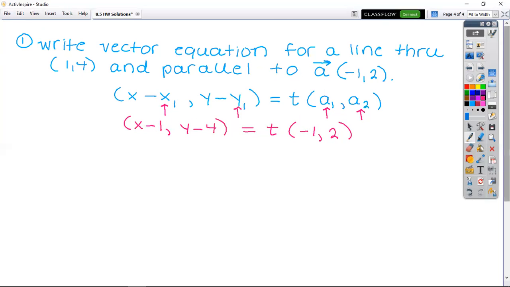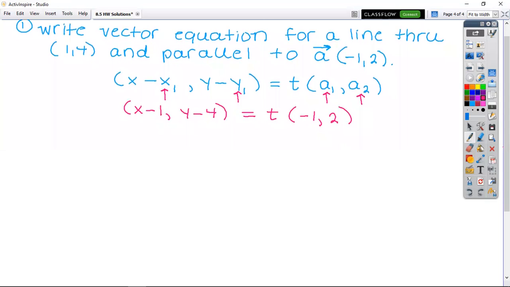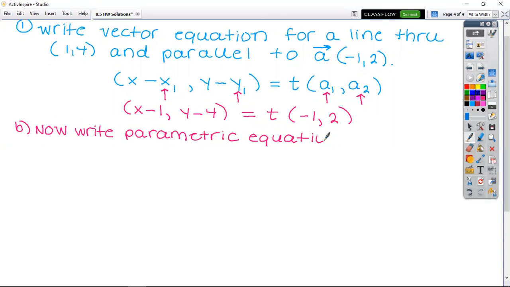What I want you to do is take these into parametric equations. So I'm going to say now, write the parametric equations. So again, this is the second box on your formula sheet.